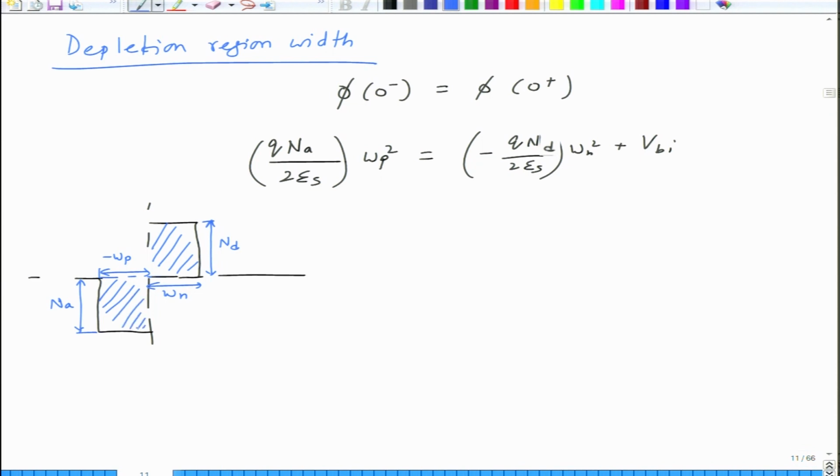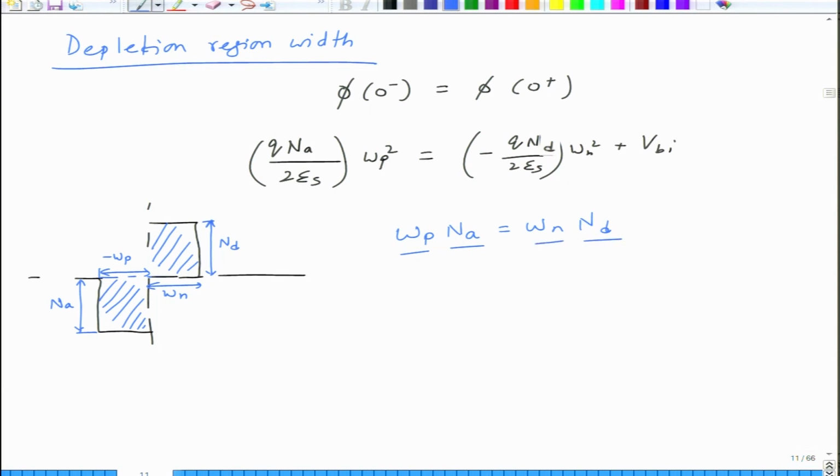Okay. Since the solid is charge neutral, which means that on both sides of depletion region, because of charge and mass conservation, Wp Na should be equal to Wn Nd. The area of this rectangle is equal to area of this rectangle. It may be asymmetric, so one may be high, one may be low, but you can see that if Na goes up, Wp will go down, if Nd goes up, Wn will go down.